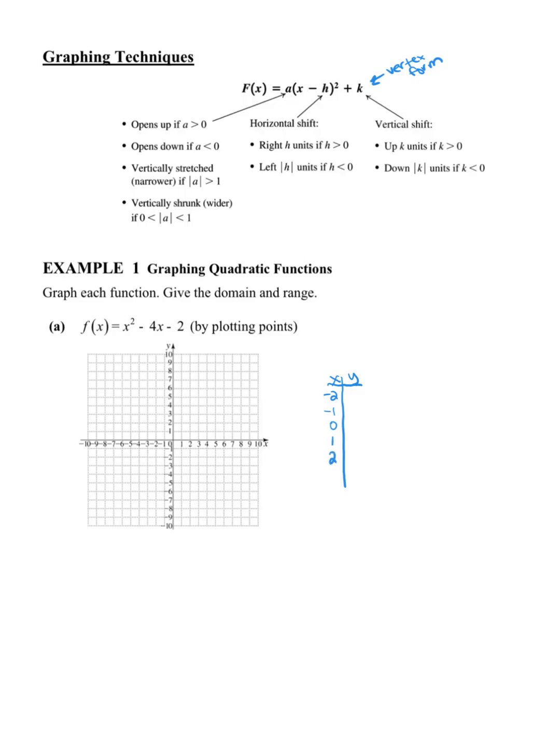So if I plug in a -2 for x, that gives me -2 squared is 4, minus 4 times -2 is 8, minus 2, 12, 11, 10.